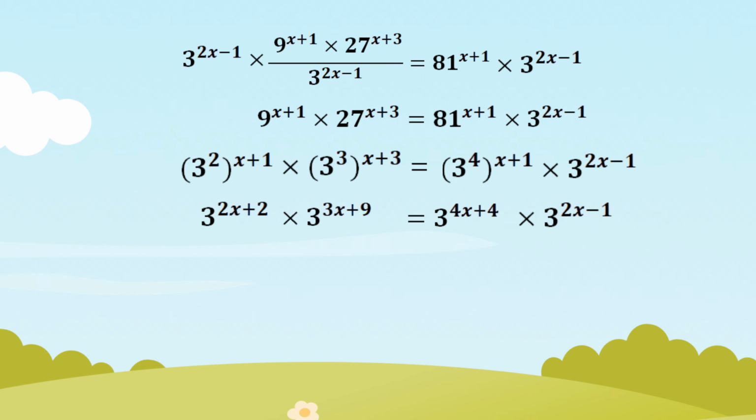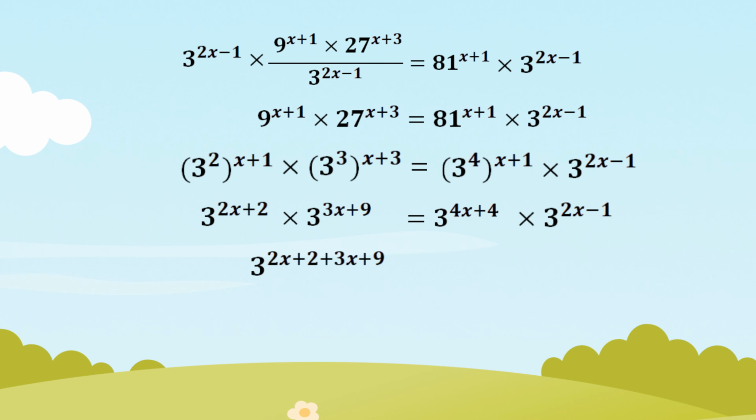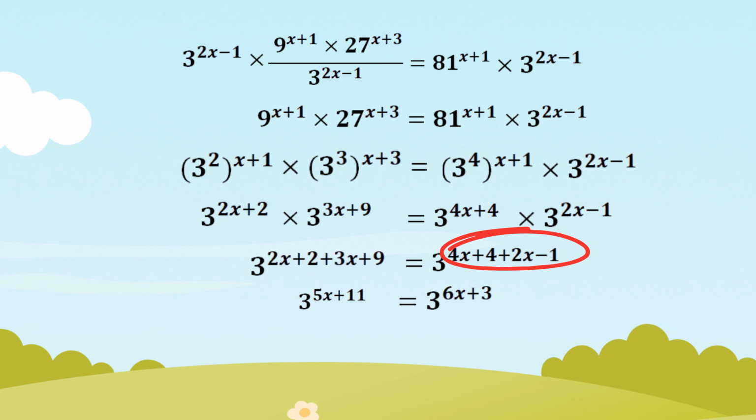Now, the law of exponents states that when multiplying two terms with the same base, we add the powers. The base is the same, 3, on both sides, so we add the powers on the left and then do the same on the right. On the left, we group the like terms to get 5x plus 11, and on the right, we group the like terms to get 6x plus 3.